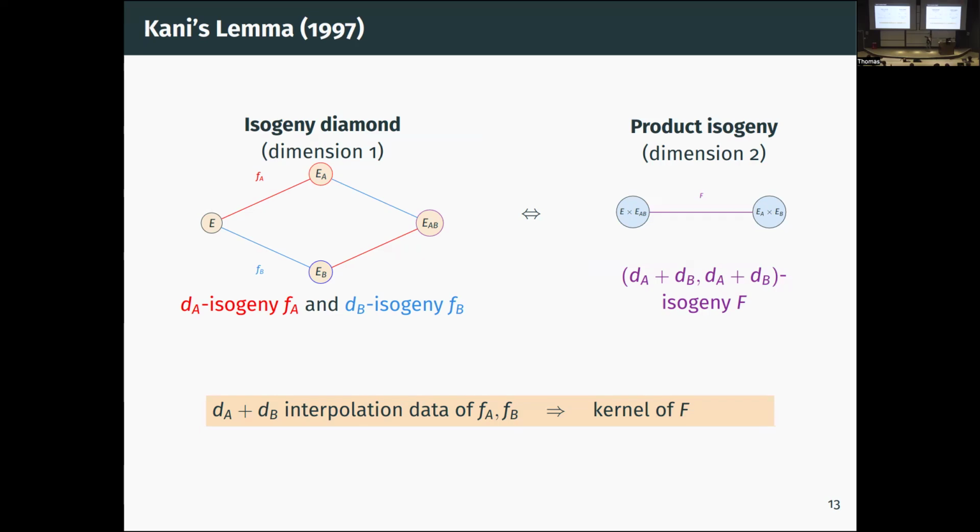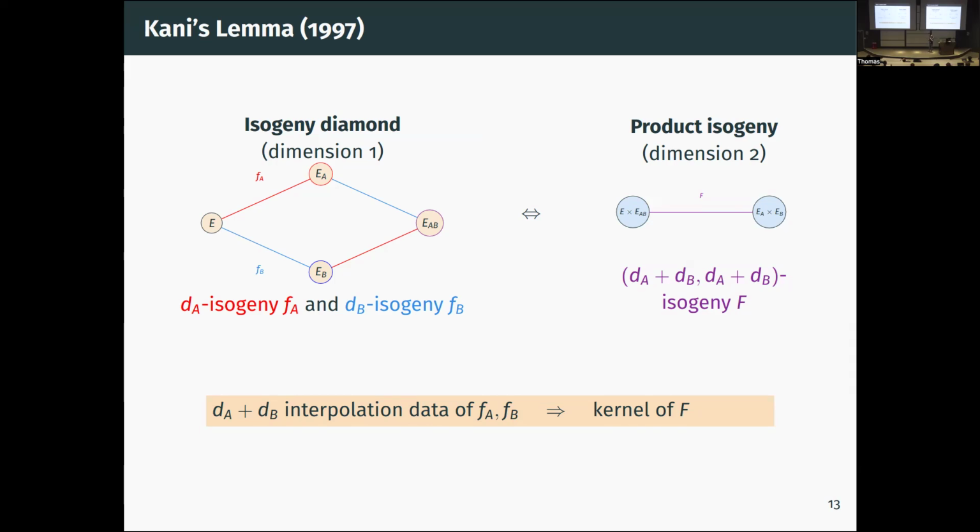So what's an isogeny diamond? An isogeny diamond is just a configuration of isogenies which commutes. This is similar to like the square that we've seen before in the Diffie-Hellman protocol. And if we have such an isogeny diamond in dimension 1, then this induces a product isogeny in dimension 2 between two products of elliptic curves.